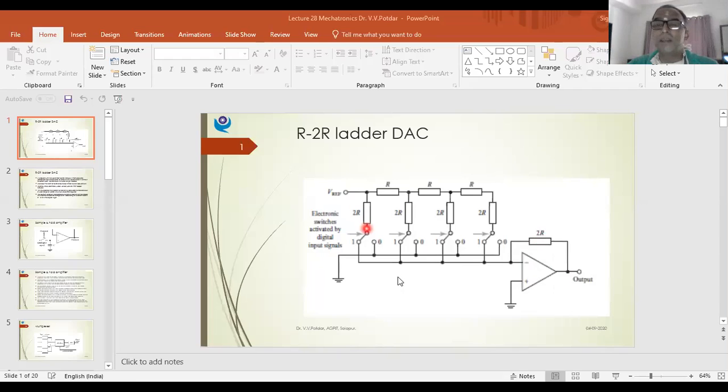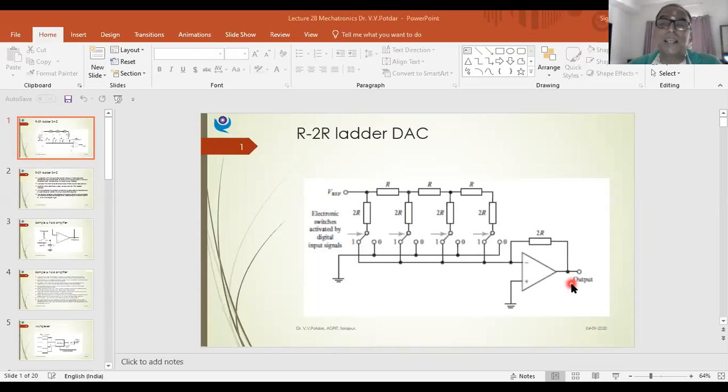The same 8 volt, which is the analog signal corresponding to the binary word 1 0 0 0, will be converted into 8 volt and supplied here, and this op-amp, being a voltage follower, will just forward this signal as the output. So this is how my digital signal is converted into an equivalent analog signal.